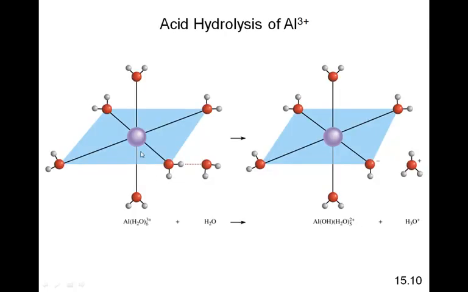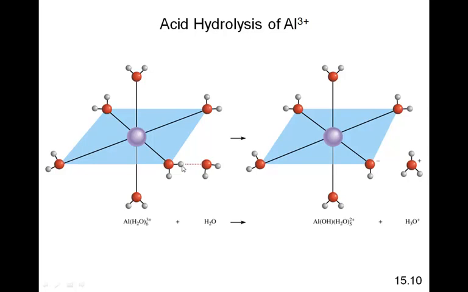So here's the aluminum, and here are the 6 water molecules which are covalently bonded to the aluminum. That means that the oxygen on the water molecule donates both of the electrons to the covalent bond instead of 1 electron from the aluminum and 1 from the water. And the aluminum uses its d orbitals to accept those electrons.